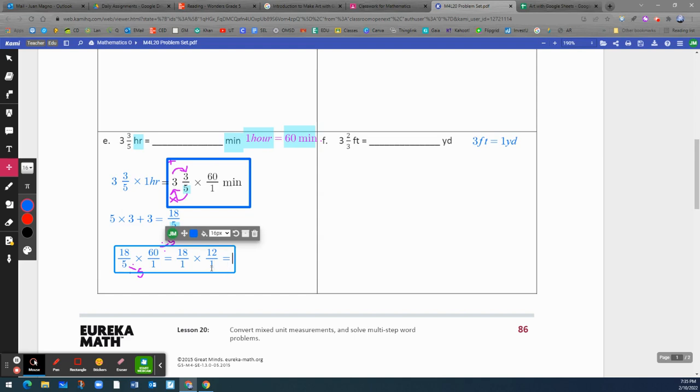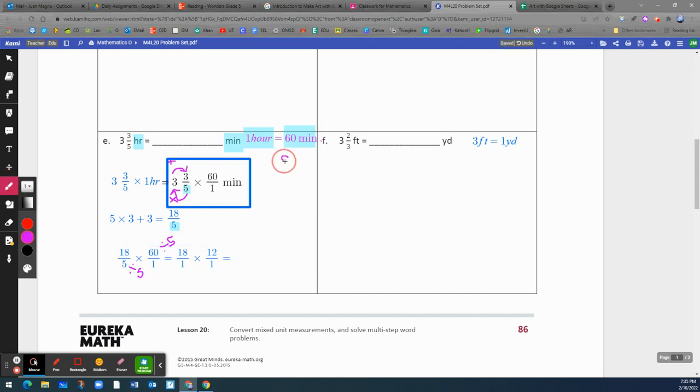Notice how now this multiplication is a lot simpler. It's going to be 12 times 18, and that denominator is always 1. So let's do 18 times 12. Let's do that on the side. So it's going to be 18 times 12.